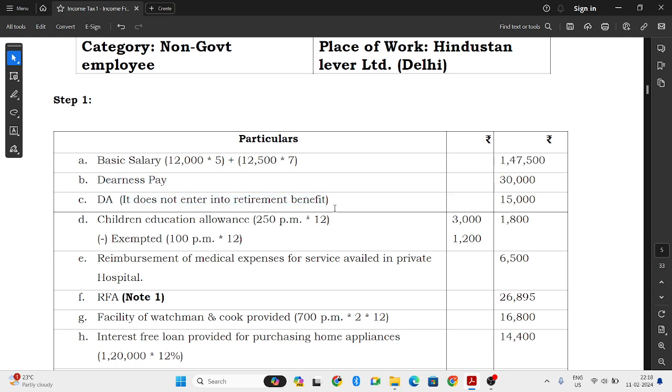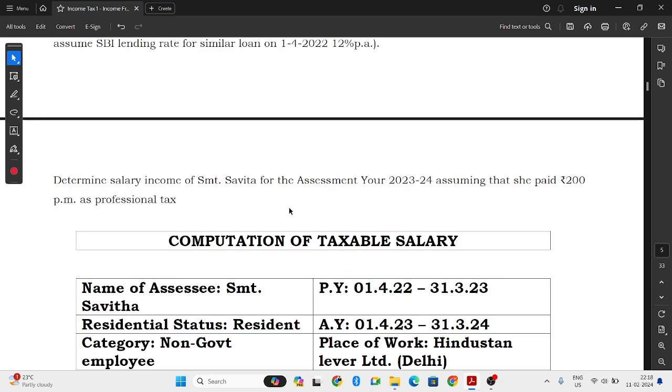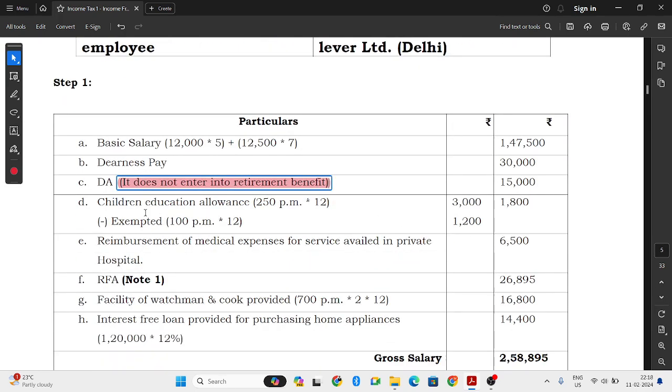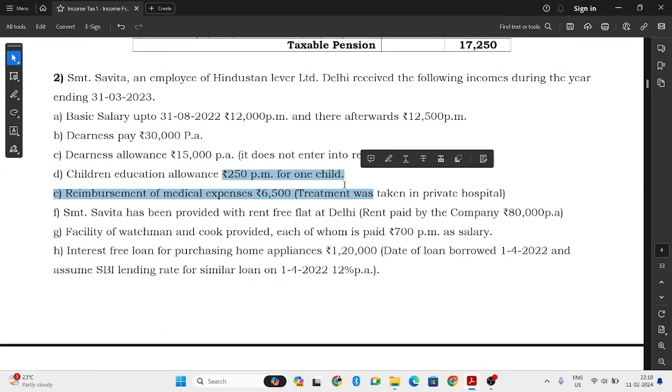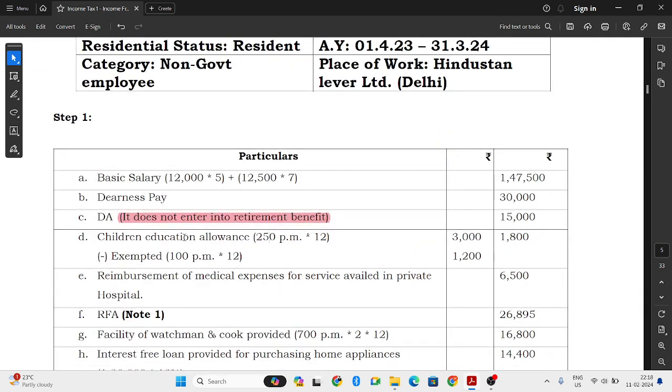DA they have given: this line is very, very important, it doesn't enter into retirement benefits. How much is it? 15,000. Next, children educational allowance. For one child she is getting 250 per month into 12 months, it is 3,000. According to IT law, you get an exemption up to 100 rupees per month per child, maximum for two children.